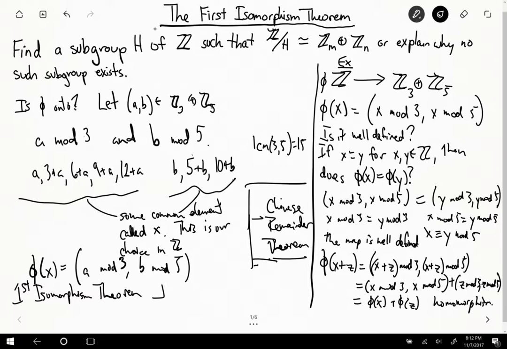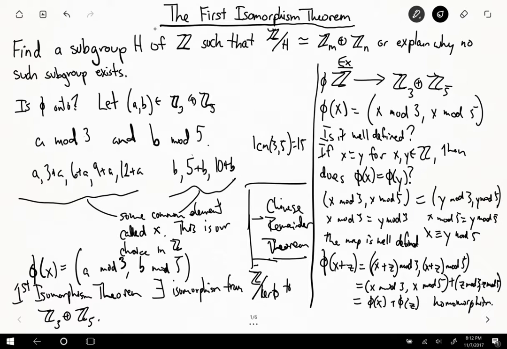Well, it states there exists an isomorphism from Z mod the kernel of phi to this Z3 direct product with Z5. Okay?